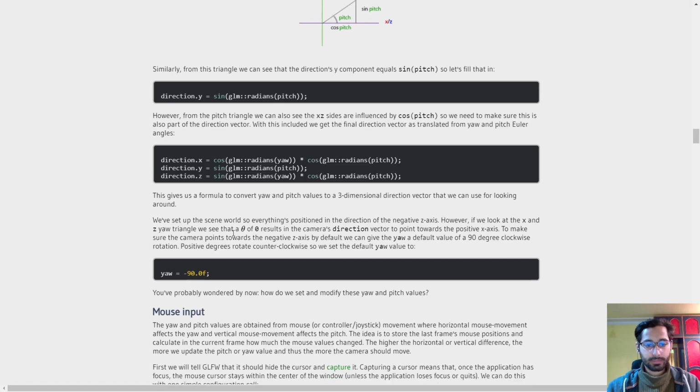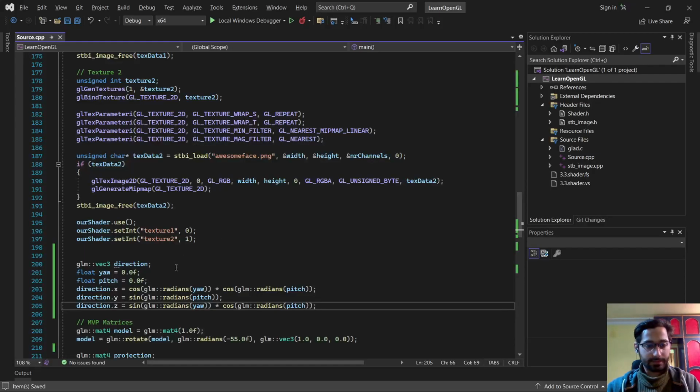This gives us a formula to convert. I already read that, and it's setting the yaw to minus 90 by default.